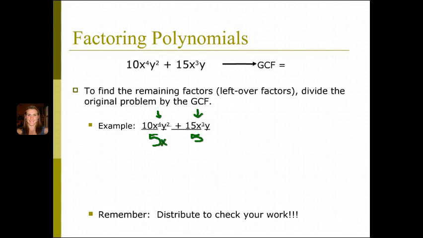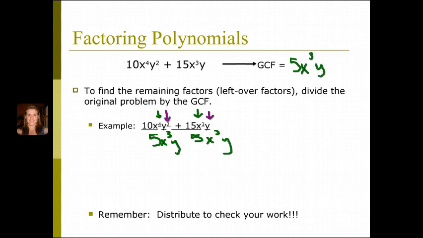So I can also factor out an x cubed, and each term has at least 1 y. So I can factor out 1 y. So in this case, your greatest common factor is 5x cubed y.